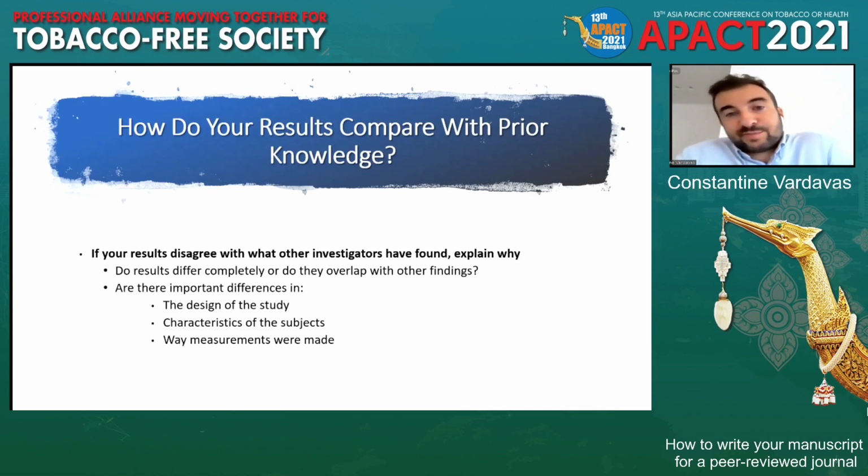So the characteristics may be different, the design may be different, but also the way the measurements were made, because measurements could be different. So you'd want to show where and how your study compares.